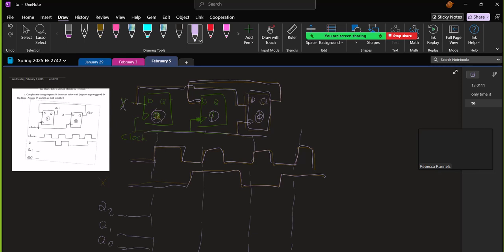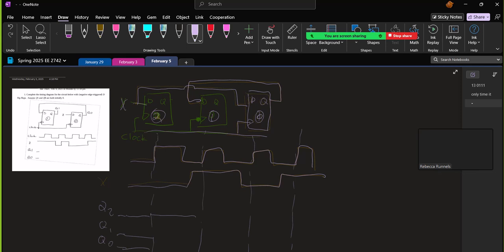And I'll look at Q2 first. When I get to the first positive edge of the clock, I can see its input is X, and X is 0. So what's it going to do? It'll stay 0. Okay, Q1, what's its input?